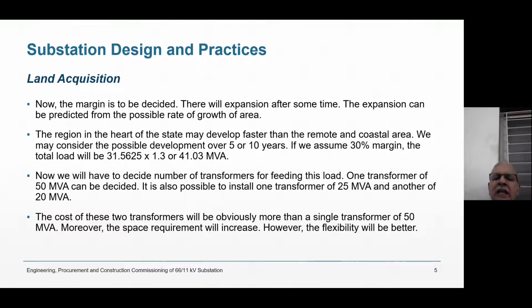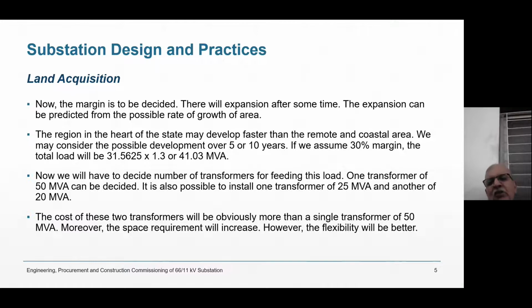And that depends upon the area. If you go to Kutch or Saurashtra where the development is less, there the electricity expansion will be slow. But if you go to Ahmedabad or Delhi or any main city, there the electricity demand is increasing very fast. So you have to consider some expansion also.